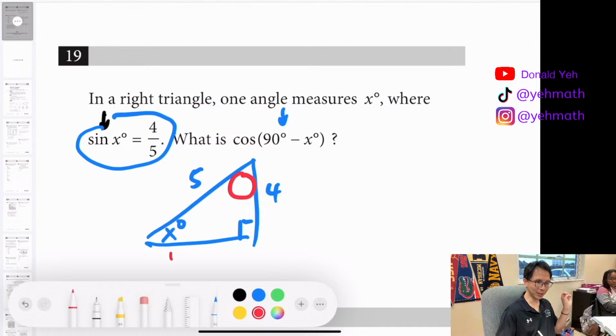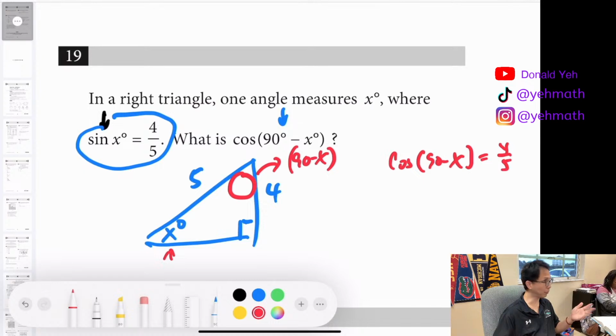Why is that? Because if this is, let's say, 20, what's the other one? 70, because 90 minus 20. Does that make sense? This becomes 90 minus X, right? So technically, if I do cosine of 90 minus X, it's adjacent over hypotenuse, so still 4/5.